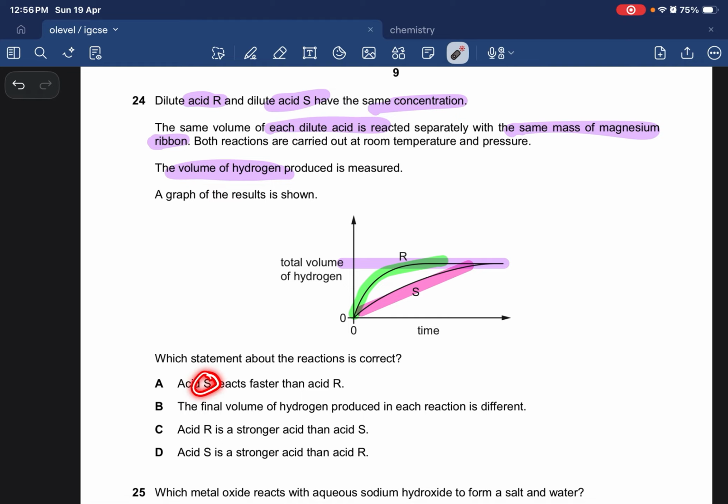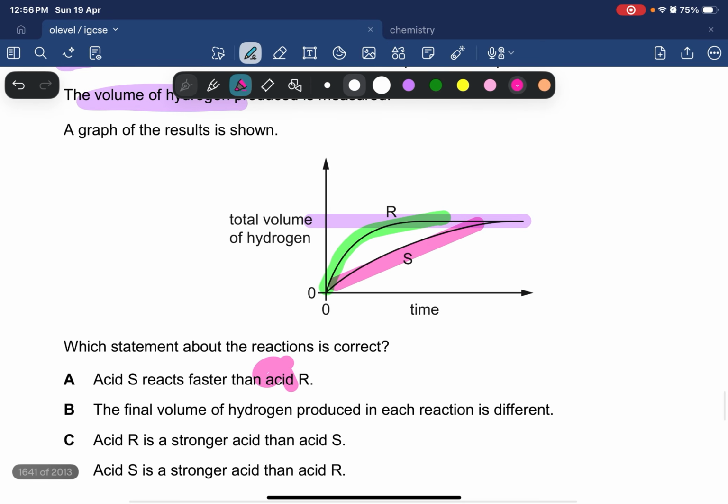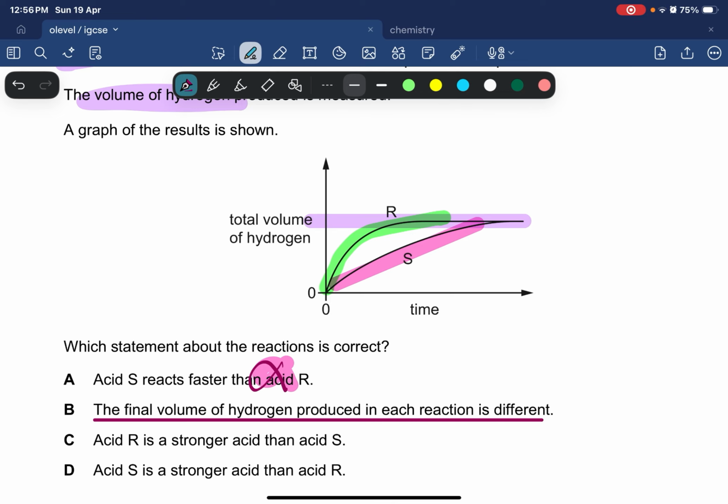Acid S reacts faster than acid R. No, actually it's slower, not faster. This has a less steep gradient, this is a more steep gradient. So R is reacting faster. Incorrect. The final volume of hydrogen produced in each reaction is different. It's the same.